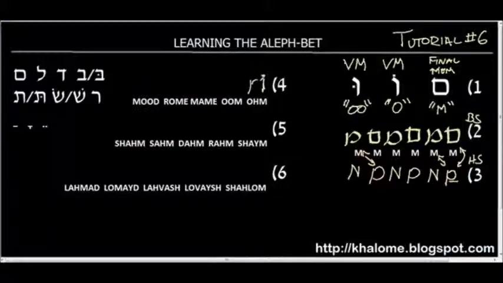The final mem in the handwriting script is going to look something like that. And I should probably be a little bit more careful and write that a little bit better, because it'll really look more something like that to a native Israeli. But that would be equivalent to Om. Next would be the vowel mark with the dot to the left, and the final mem.